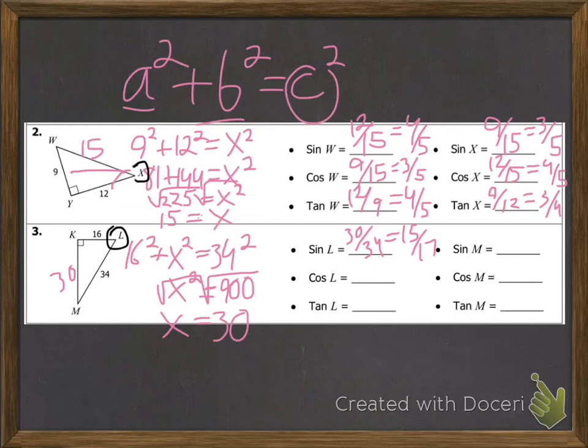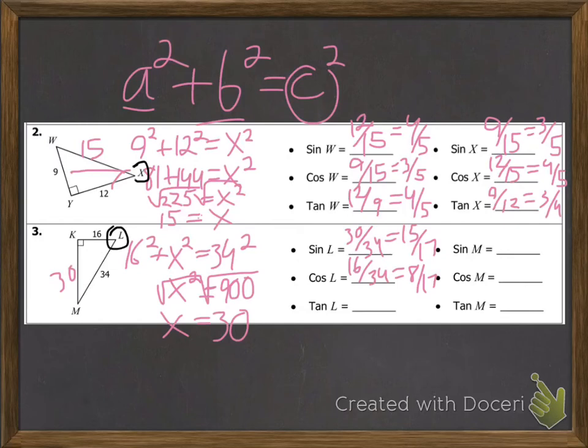Now we're going to look at the cosine of L. Cosine is adjacent over hypotenuse. So the adjacent would be 16. Hypotenuse is 34. So we're going to have 16 over 34. And then that is going to become 8 over 17. Once again, dividing by 2.